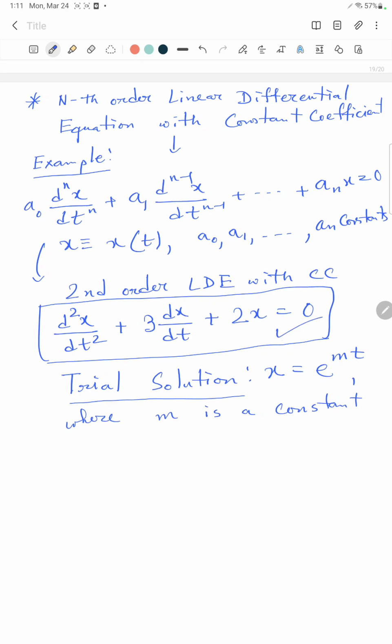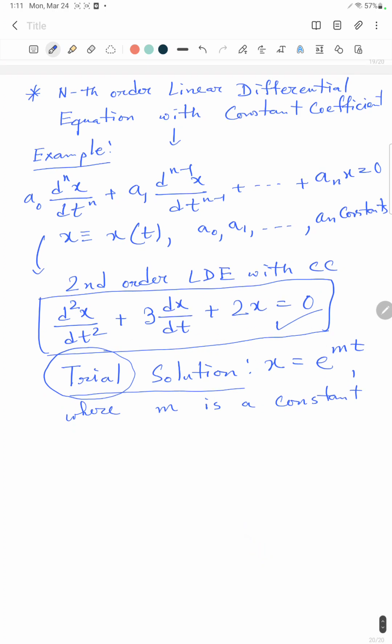Now here is the point, that this is entirely a wrong conception. What I am trying to say is that this is not at all a trial solution.